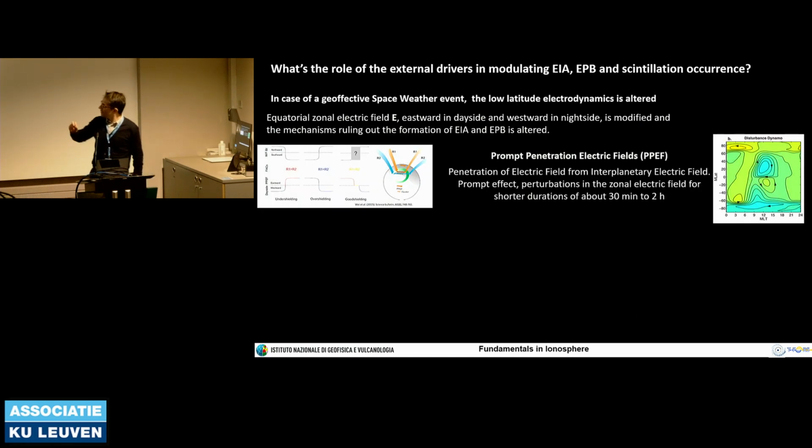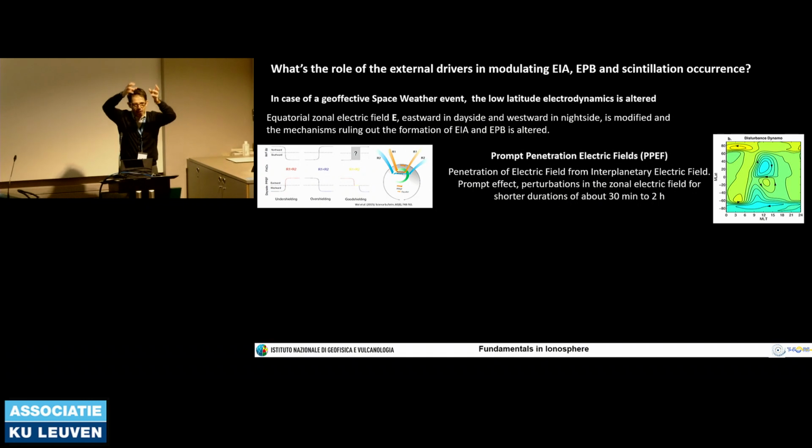When there is a flip of the Bz component of the interplanetary magnetic field, there is a specific phenomenon called prompt penetration of electric field. The field-aligned currents I mentioned before, the inner part, are connected with the magnetosphere.